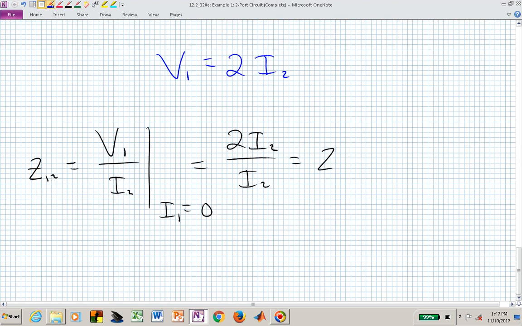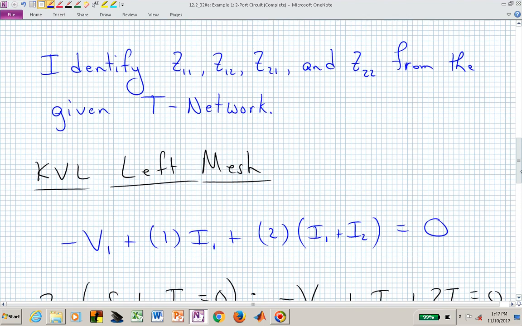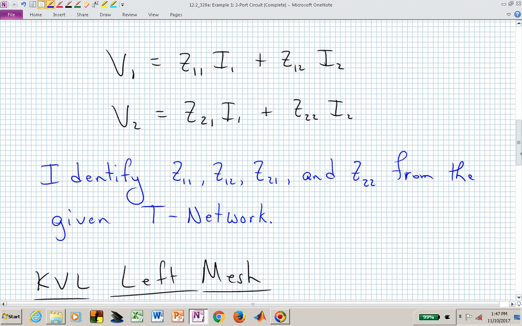Those two values for 4 of the Z parameters we've now found by simply writing one KVL equation, and that KVL was on the left mesh.